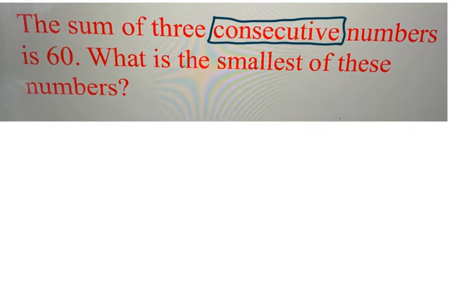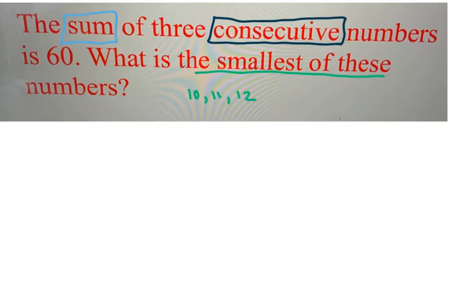Okay, so I have a keyword in here that says sum. And I want to know what the smallest is. Okay, so the biggest thing is, how do we set that up? So you have to picture consecutive numbers. So let's say consecutive numbers are 10, 11, 12. Now we could guess and check and add these 3 together. So 10 plus 11 plus 12, we'd get 33.